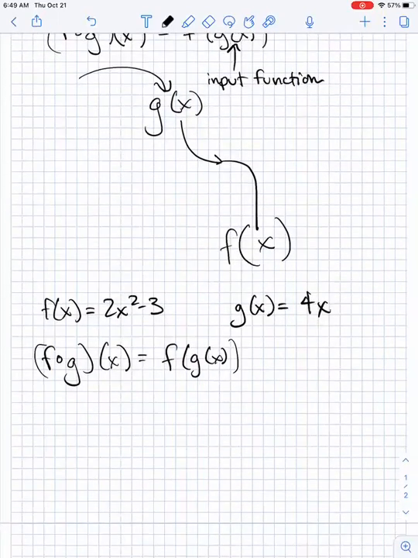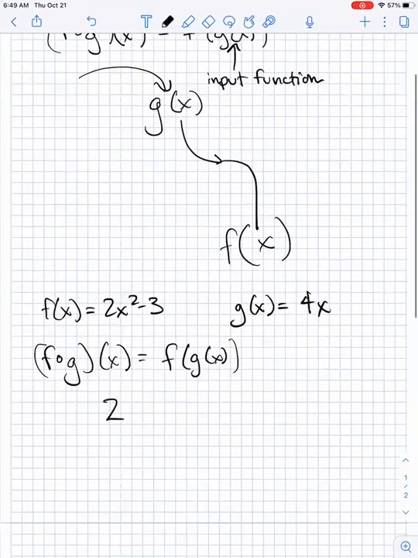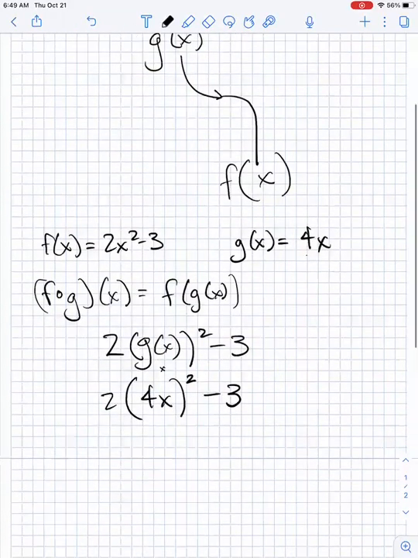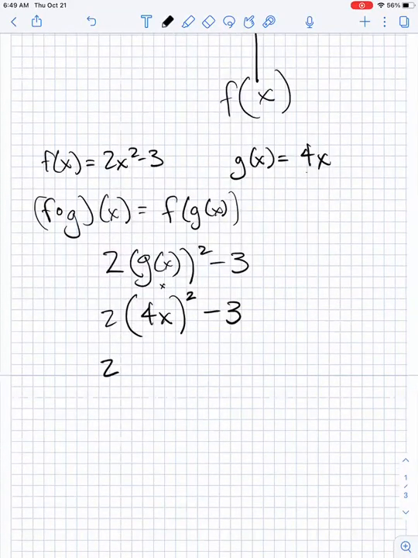So we take my f of x function, 2x squared minus 3, and we replace the x with g of x. So this would be 2, and then my g of x function squared, minus 3, and then you simplify. So 2 times 16x squared minus 3, or 32x squared minus 3.